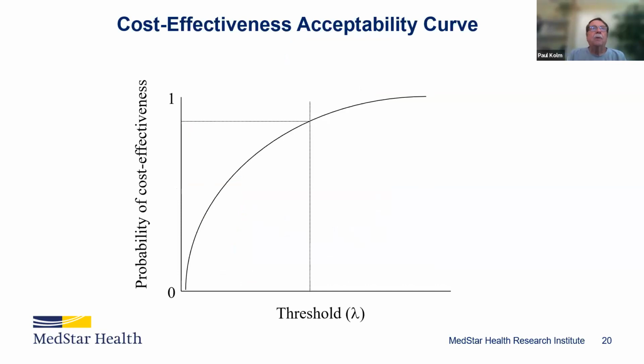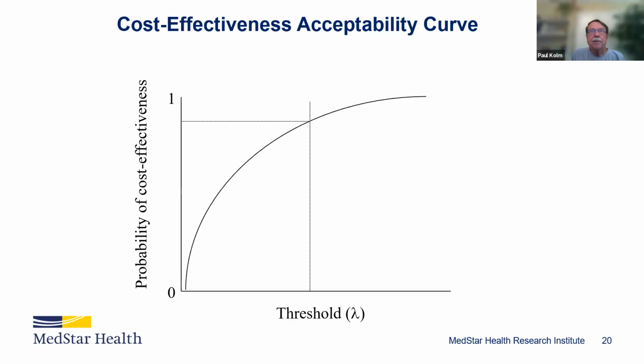We then also plot what's called the cost effectiveness acceptability curve, where we plot on the vertical axis the probability of cost effectiveness, and on the horizontal axis we plot our threshold. And we usually plot it from 0 out to like 100 or 150 or $200,000.